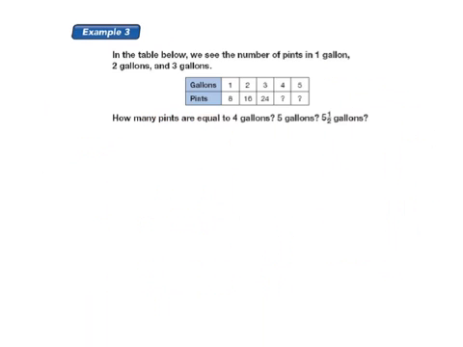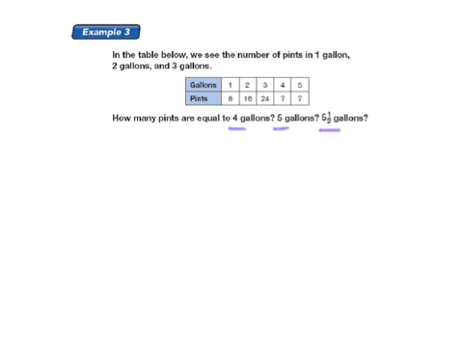Example 3. This table shows us how many pints are in 1 gallon, 2 gallons, 3 gallons, and so forth. So it's asking us right now to find out how many pints are in 4 gallons, 5 gallons, and then 5.5 gallons.